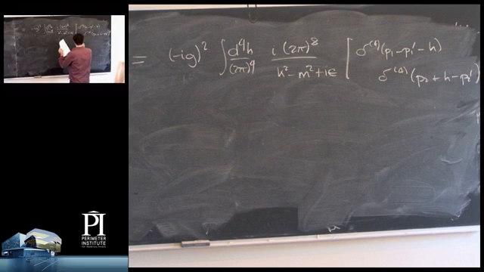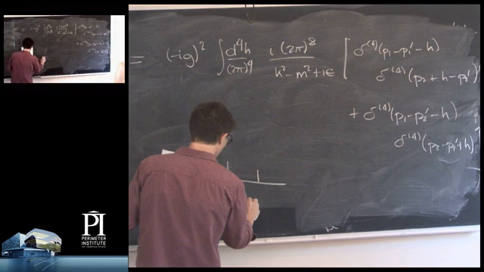And then the second diagram, K. We do the K integral with the delta functions. And what we get is exactly the same expression that we had before.